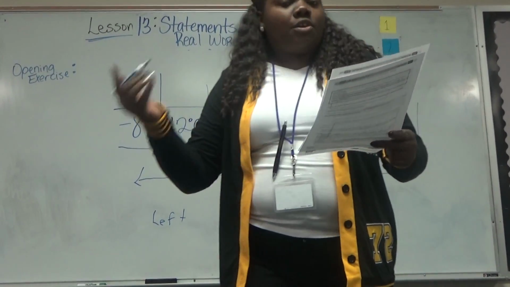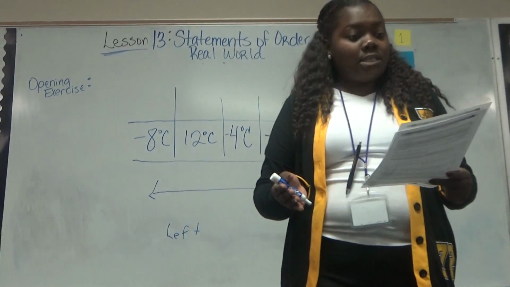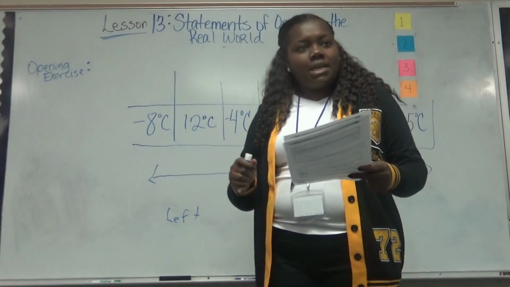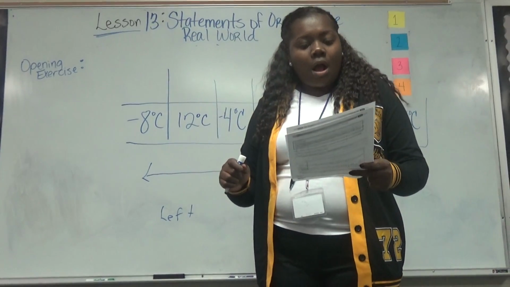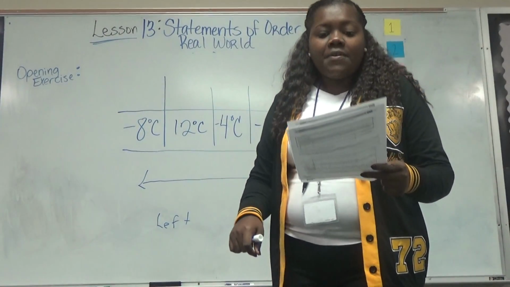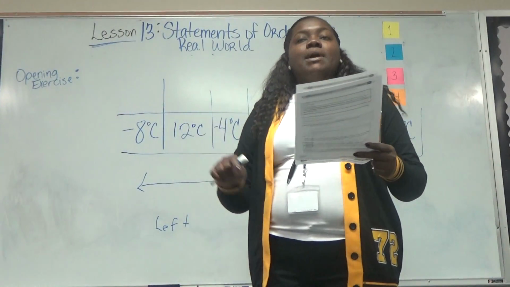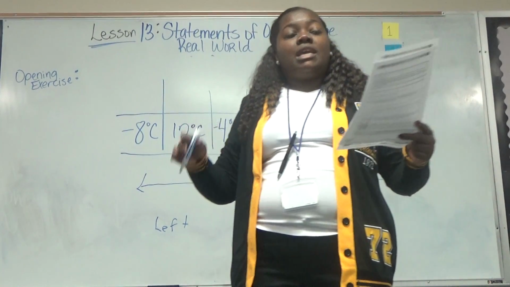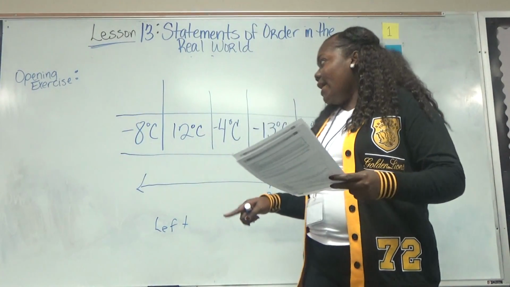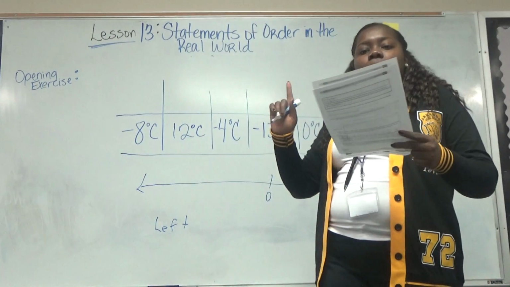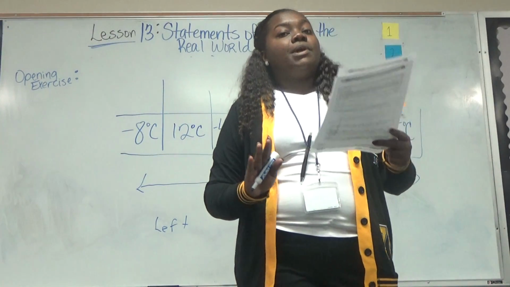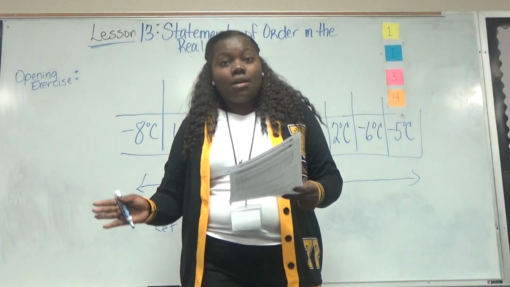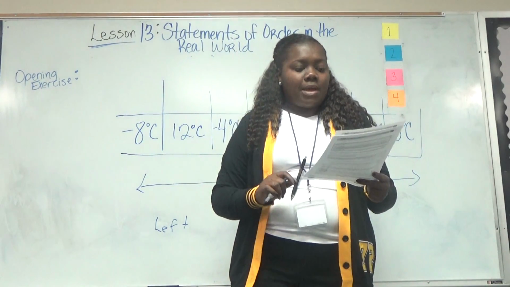So you have to know that a credit means positive. You have to know that a charge means negative. A withdrawal, negative. And a deposit would be positive. So you have to know those key things so that you know the right rational numbers to write, okay? And pay attention to whether they're telling you to put it in order from least to greatest or greatest to least, because that will make a difference.